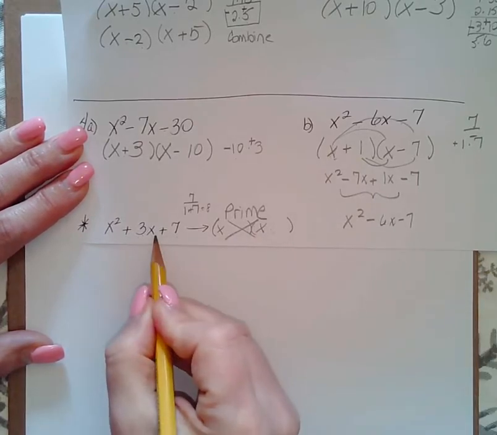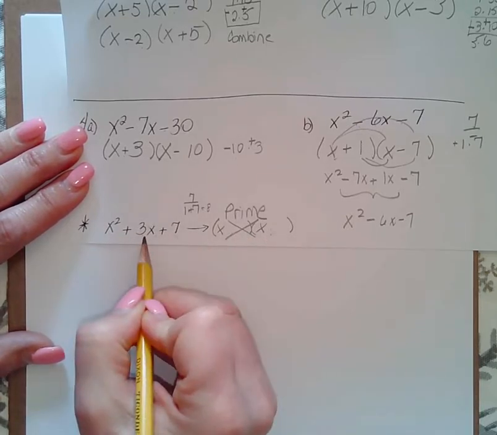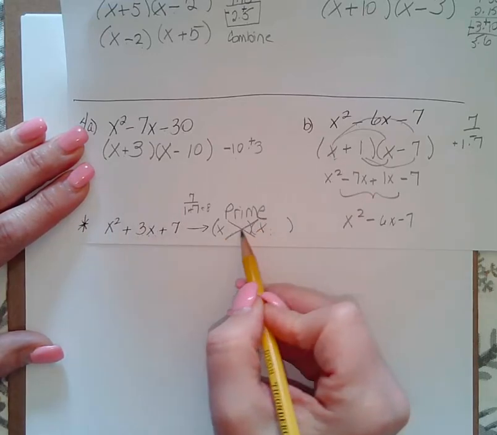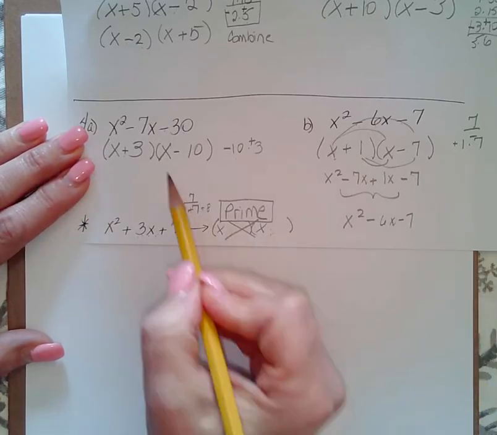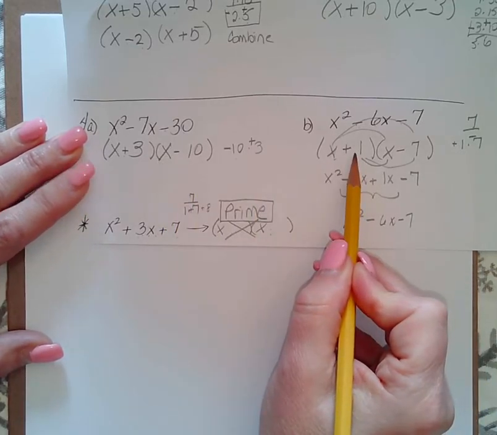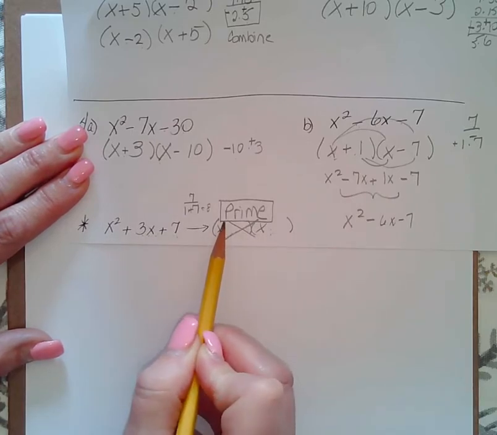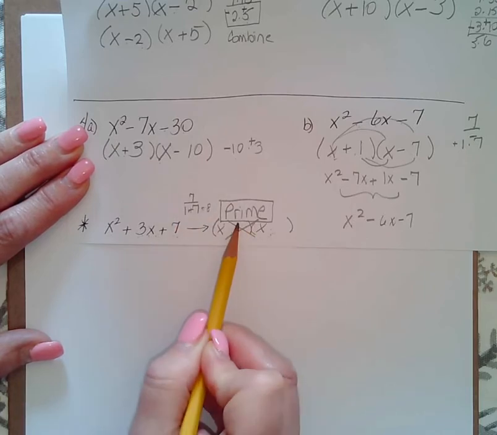So just like this one, we cannot break it down and find two numbers that will multiply to give us this answer. Only 1 and itself, and that means that it is prime. Okay, more often than not, we will be able to find factors for our trinomials. But remember, once in a while, we may get a prime answer. If you can't find those numbers, then it's prime.